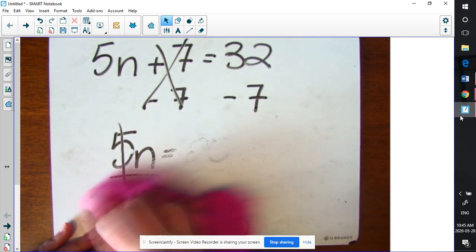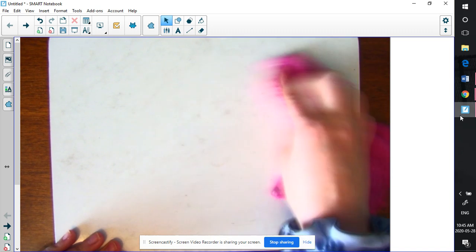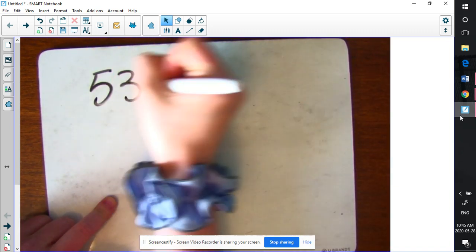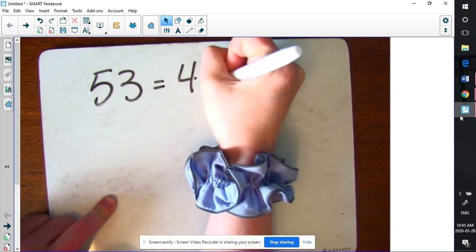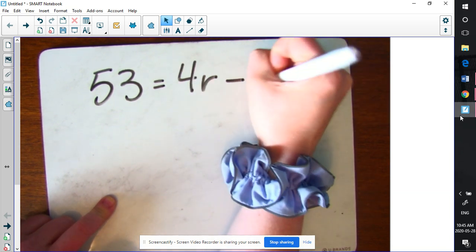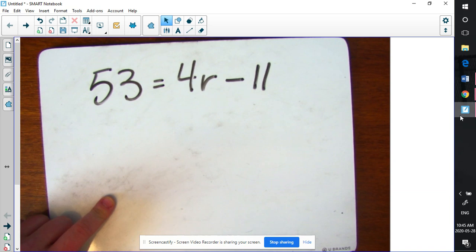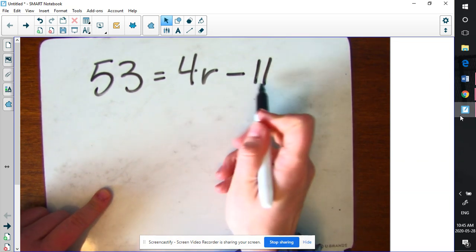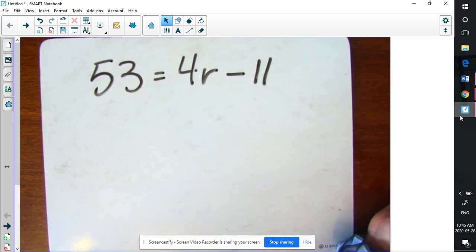Last question. 53 equals 4r minus 11. So first thing that we always do is deal with the addition or subtraction. The last 2 questions have had addition. This one has subtraction. Just a little hint, they'll never be both addition and subtraction. They'll just be one.